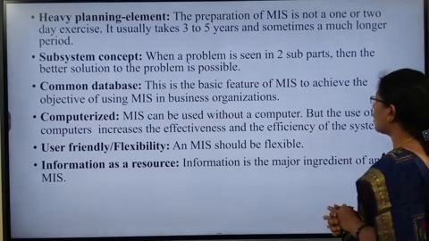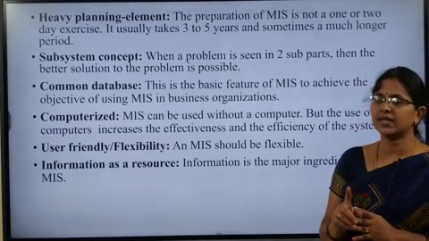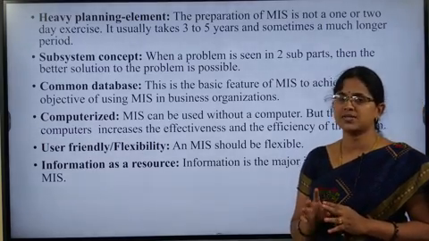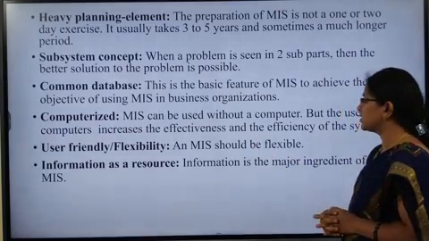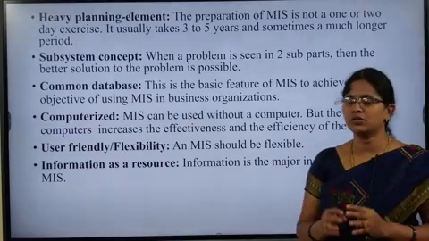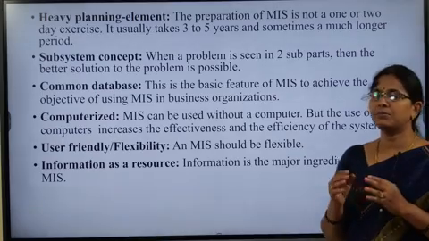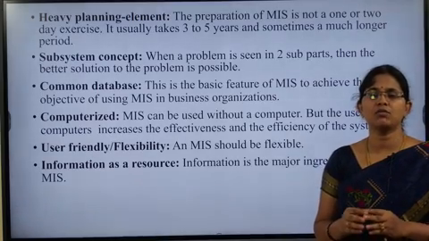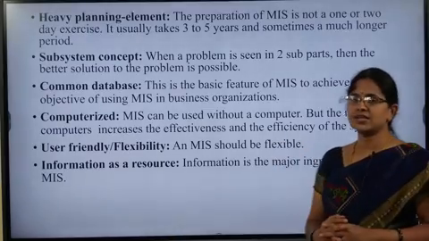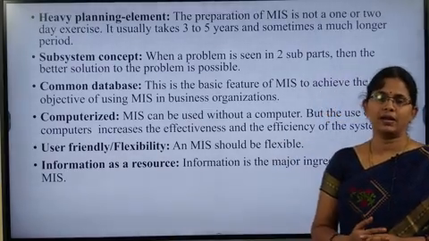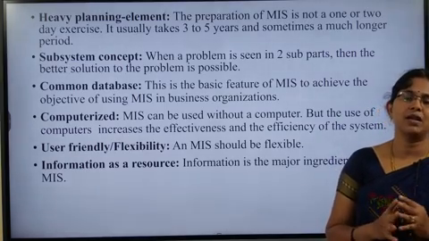And next one is common database. It means it uses only one single database to store and process the entire information in the organization. And computerized. Without a computer you cannot imagine management information systems, because by using the information system only you can increase the effectiveness of the organization. And next one is user friendly. It means the management information system is flexible.